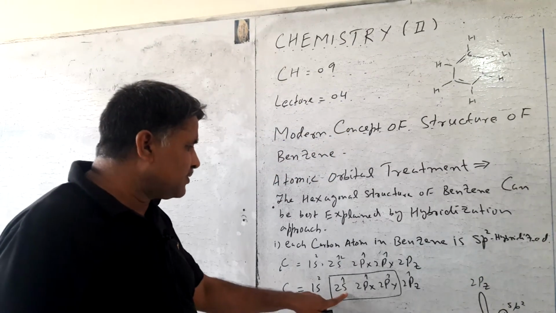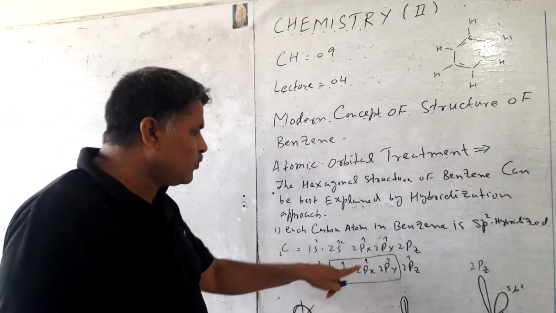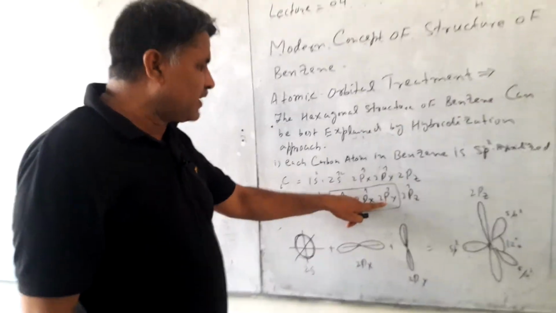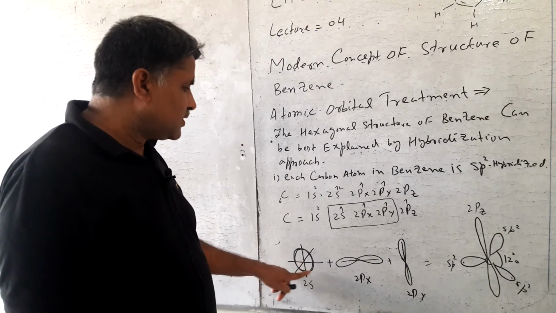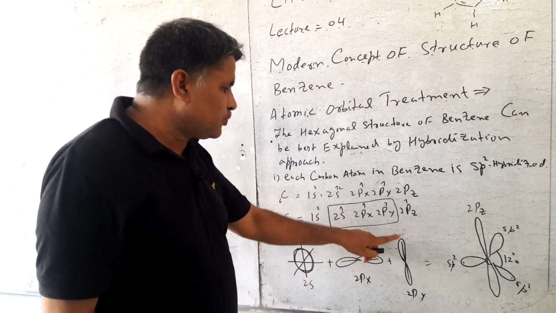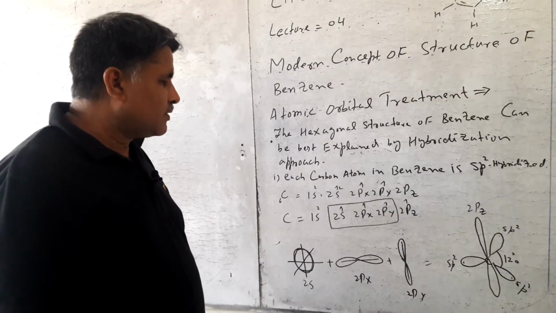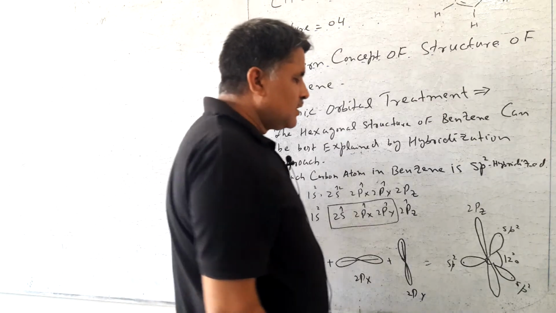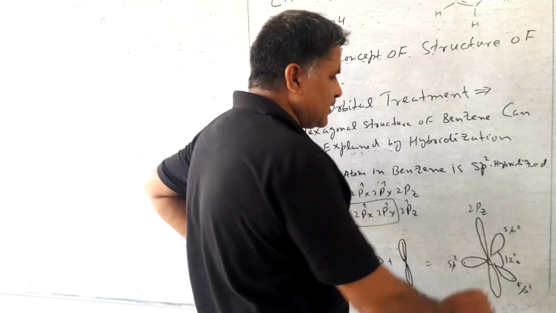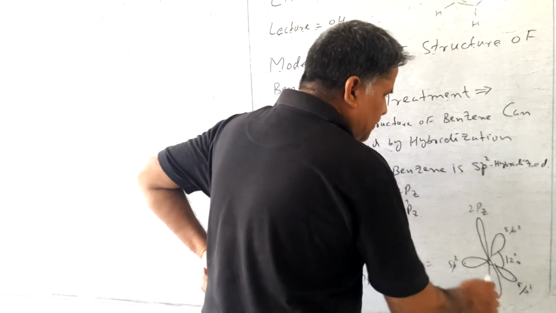Now one 2s orbital and two 2p orbitals, 2px and 2py, are mixed. It is 2s, it is 2px, it is 2py. When they are mixed, they form 3 sp2 hybrid orbitals: sp2, sp2, sp2.